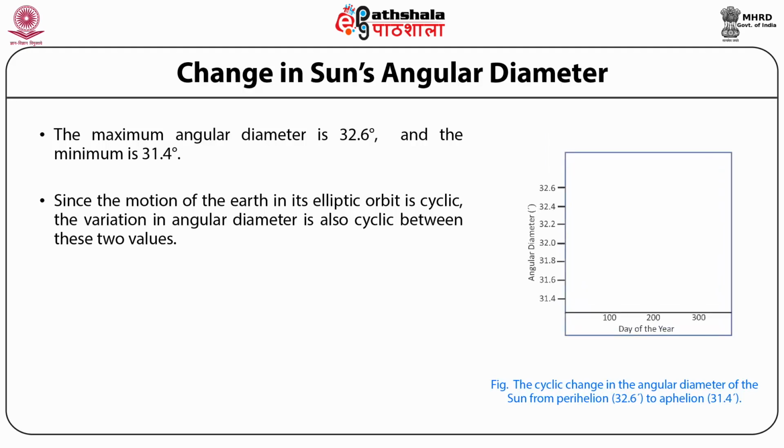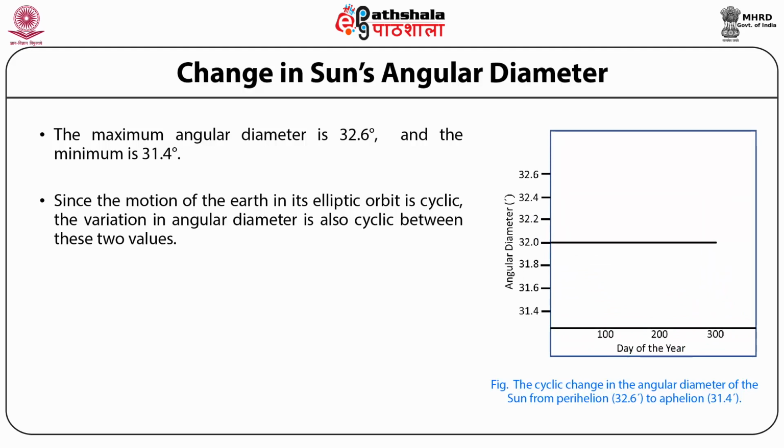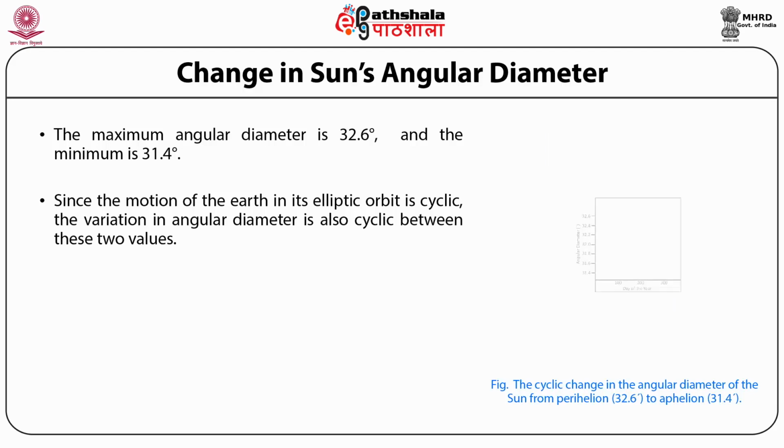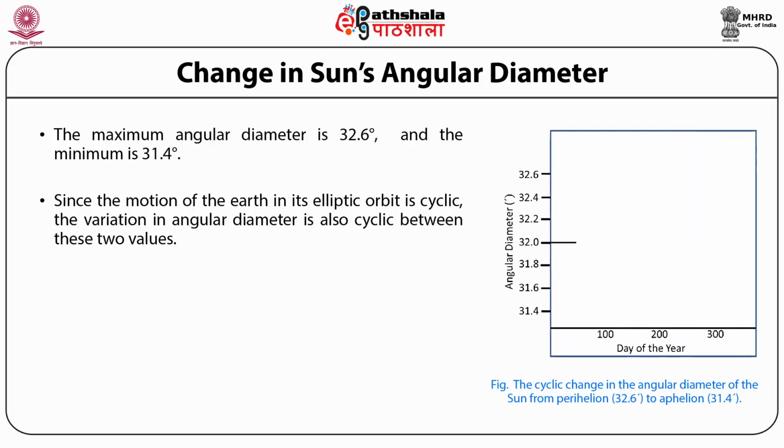Since the orbiting motion of the Earth round the sun is cyclic, the change in the angular diameter is also cyclic. Having found the angular diameter, the diameter of the sun can be easily found. It is just the product of angular diameter and the distance between the sun and the Earth.